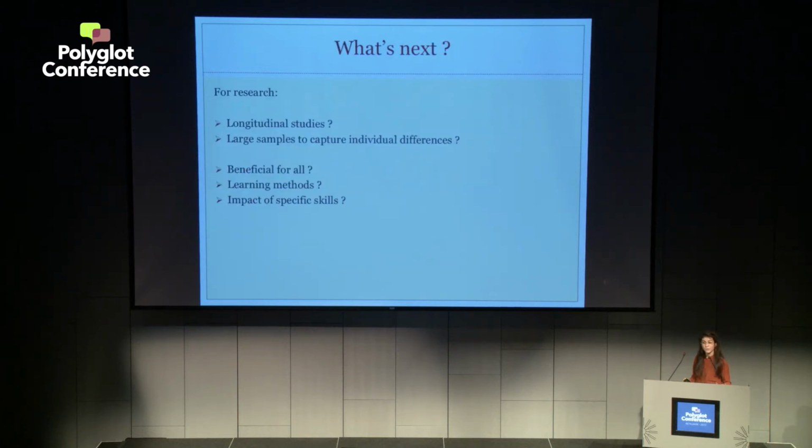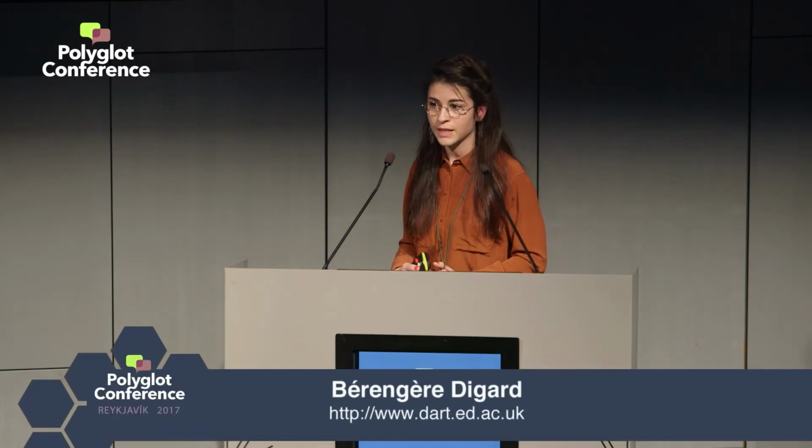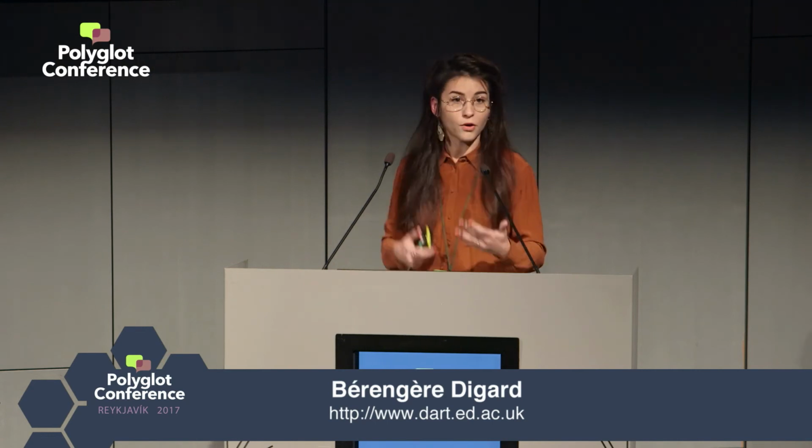So, now, what's next? Well, for research, what's next is kind of absolutely everything. We would need more longitudinal studies to really follow the development of children who are brought up with several languages. We would also need much larger samples in our studies to better capture individual differences. There are also many questions we would need to address, like something Daniel talked about in the previous talk: some things can be beneficial for some people, but not others.